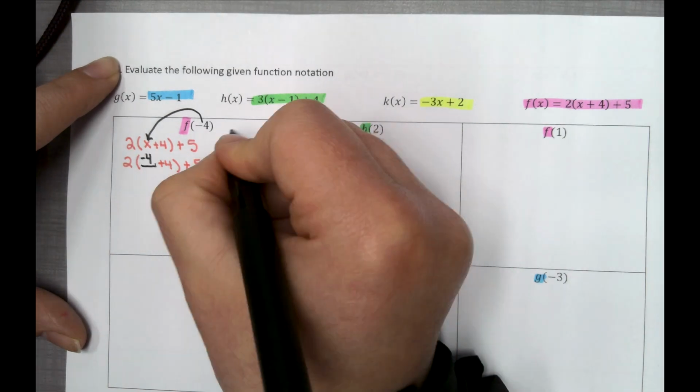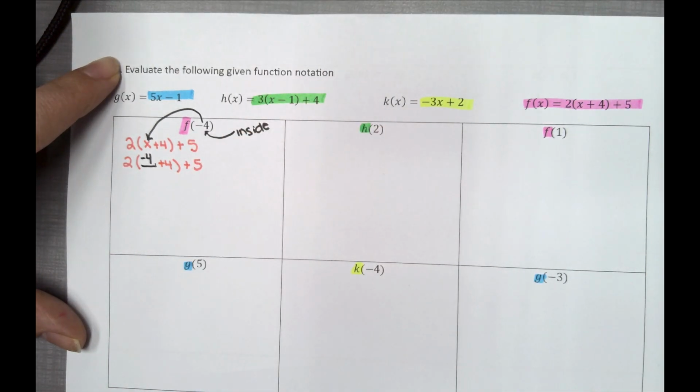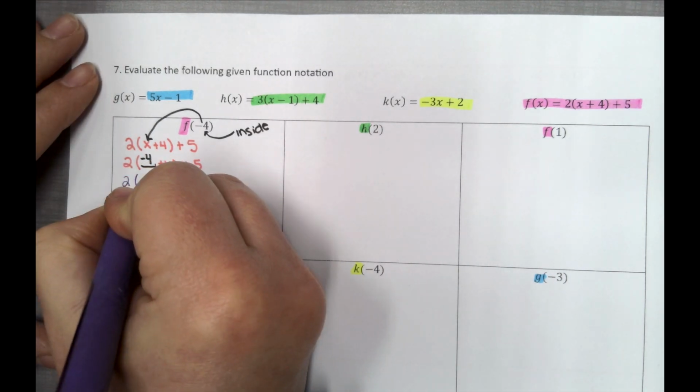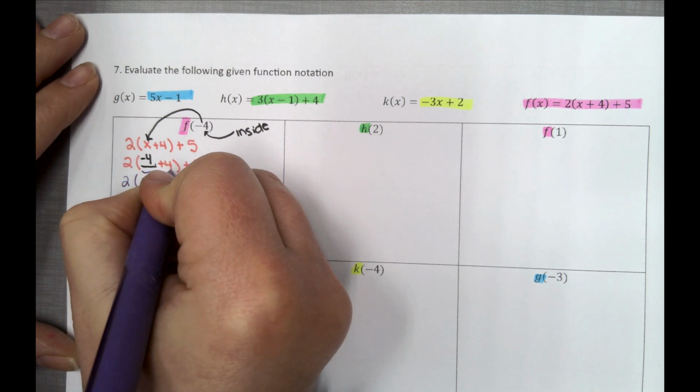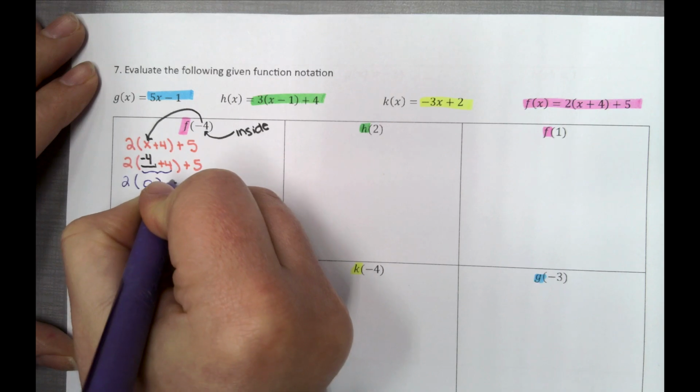So I put the negative 4 inside of my function. Now this is order of operations, PEMDAS. So we say 2 open, calculate the inside of the parentheses. This is counters. 4 minus 4 is 0, close it, plus 5.